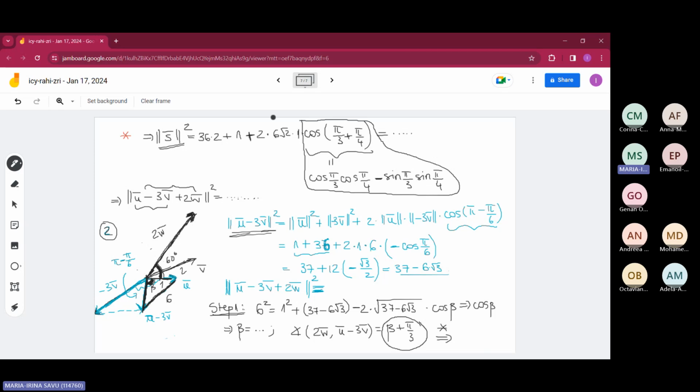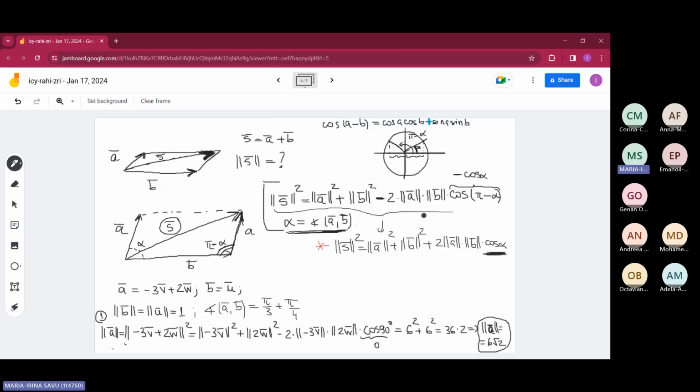Okay, but this is the idea. Actually, you know this formula from high school, but now I have tried to deduce it again. So you know that the length of a sum of two vectors which have the common origin is this one. And applying this formula twice in each case, you get the length of the sum.